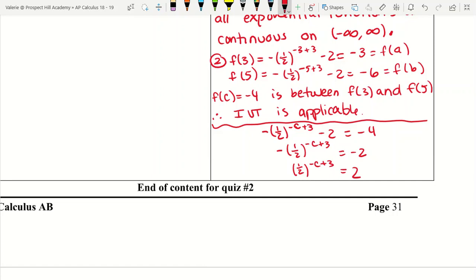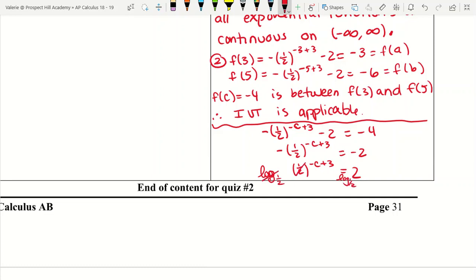Now to get rid of an exponent, the base of an exponential function, we need to take the log of both sides of our function. So we'll take the log base 1/2 of both sides.